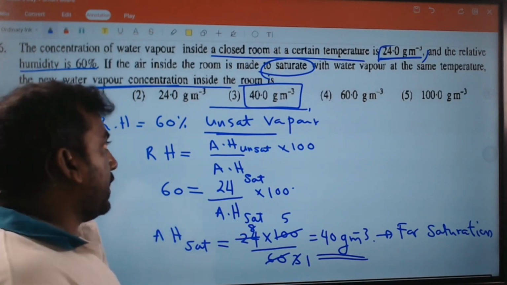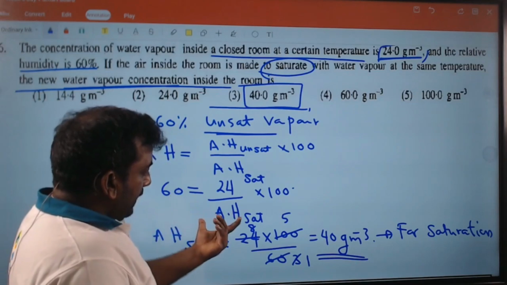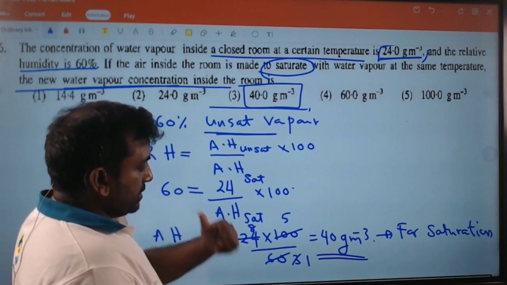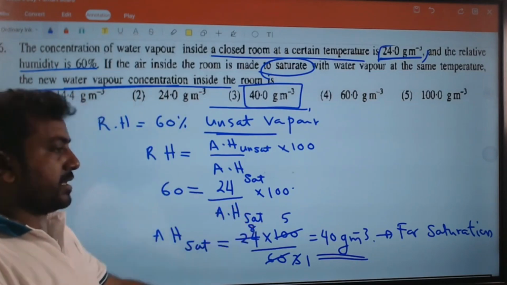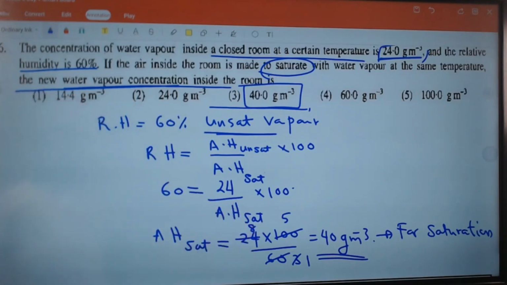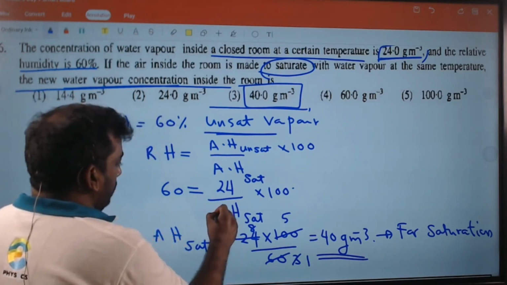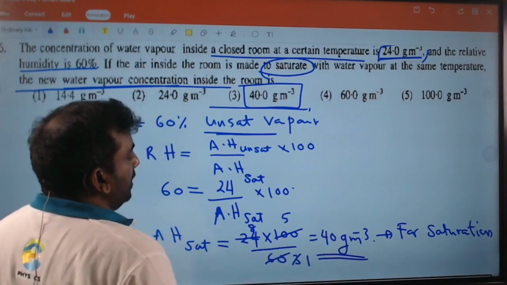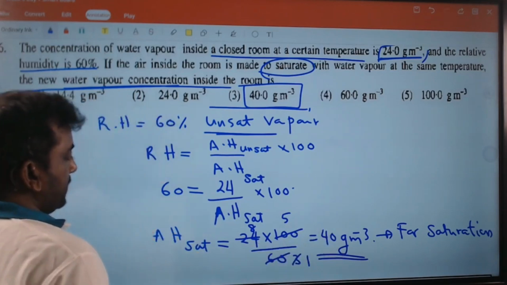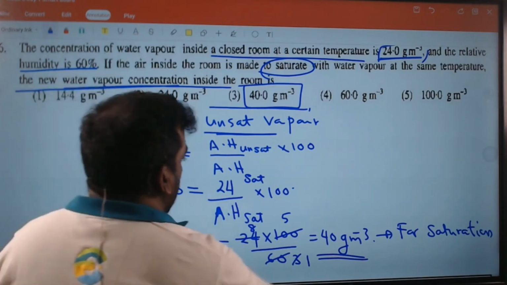We can find the absolute humidity at saturation, which is 40 gram per cubic meter.